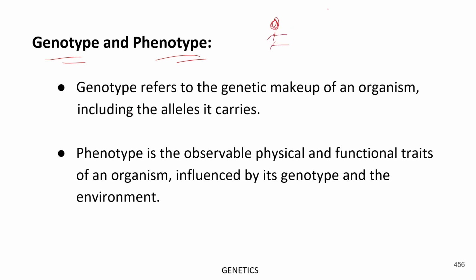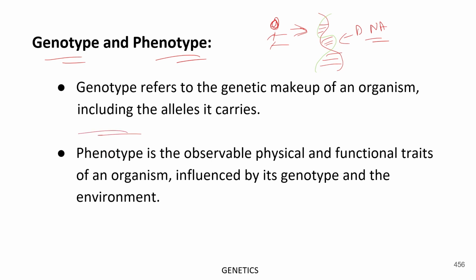Whatever genetic coding this organism has, and this is basically the DNA, as we know DNA is the main base for genetic information, whatever genetic coding this organism has is known as the genotype.